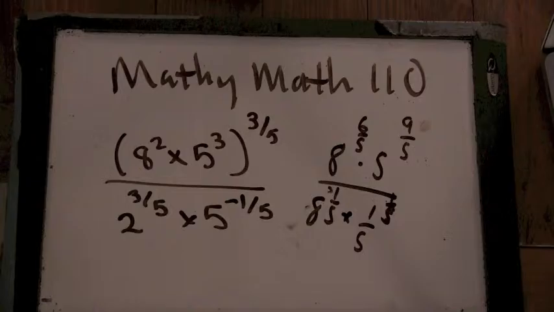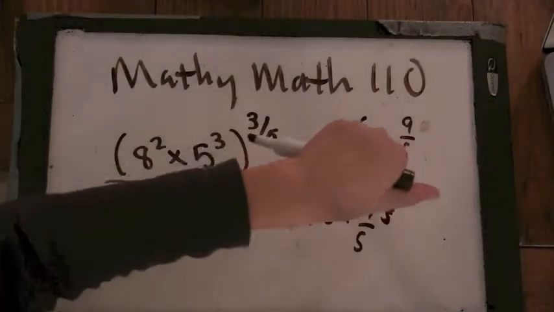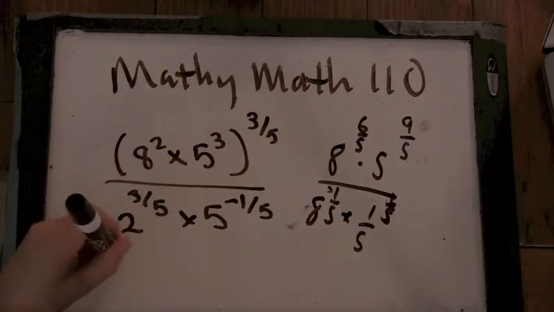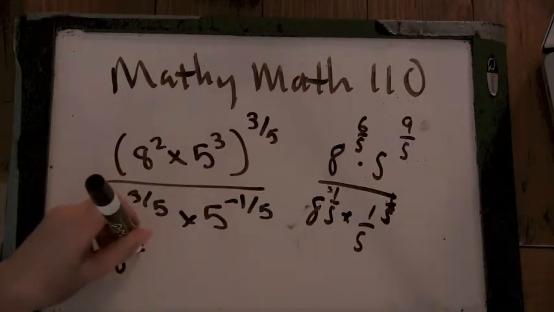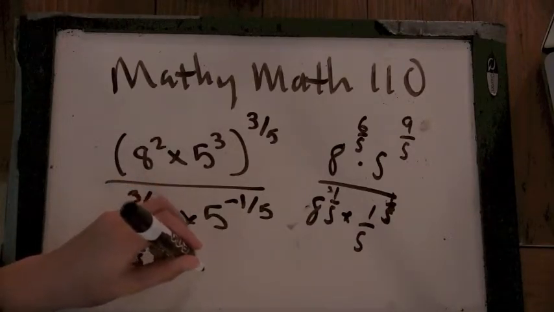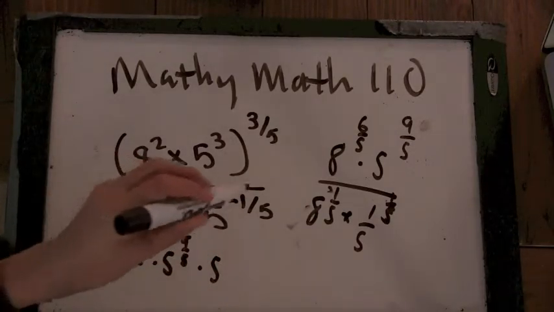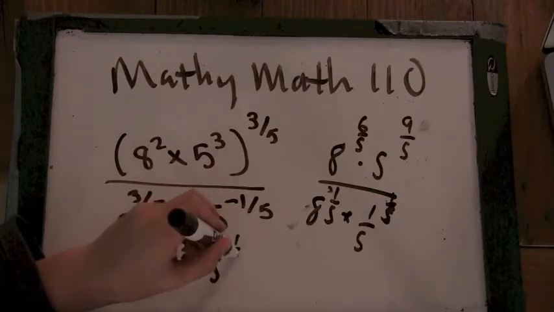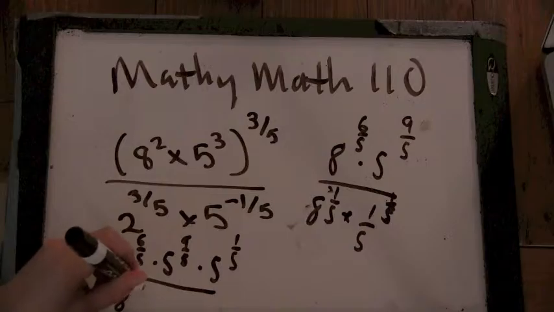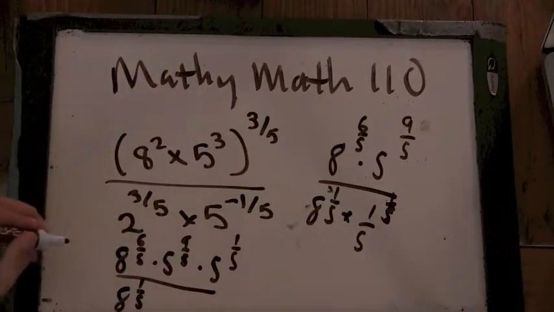Well, we can flip this part up, which turns us into 8 to the 6/5 times 5 to the 9/5 times 5 to the 1/5 over 8 to the 1/5.